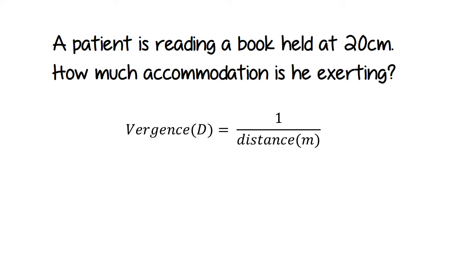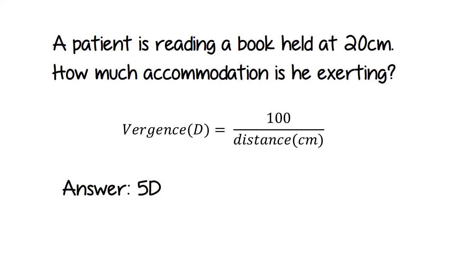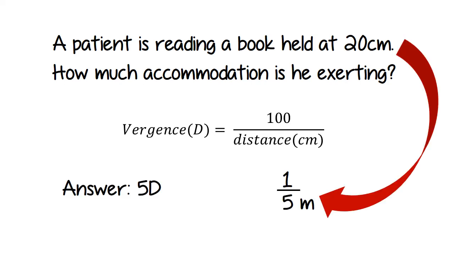The vergence power, in this case it's accommodation, is equal to the reciprocal of the distance in meters. In this case we're using centimeters, so instead of 1 over, we're going to say 100 over 20 centimeters. So the answer here is 5 diopters.